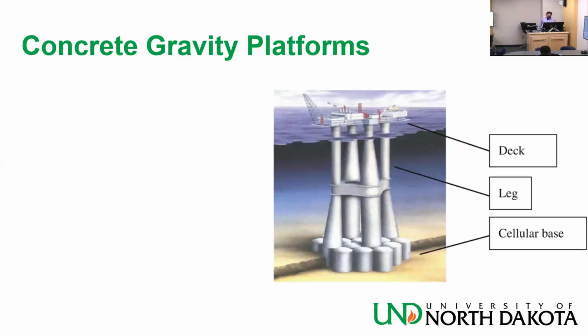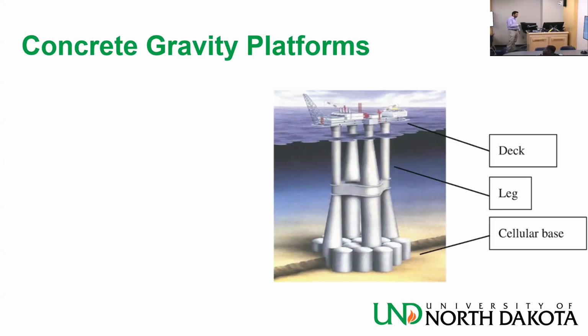Now, concrete gravity platform, you see a lot of those in the North Sea, actually. And the North Sea is tougher waters than the Gulf because it's open, you know. A lot of cement for this, a lot of cement. Basically the weight is going to hold it in place.